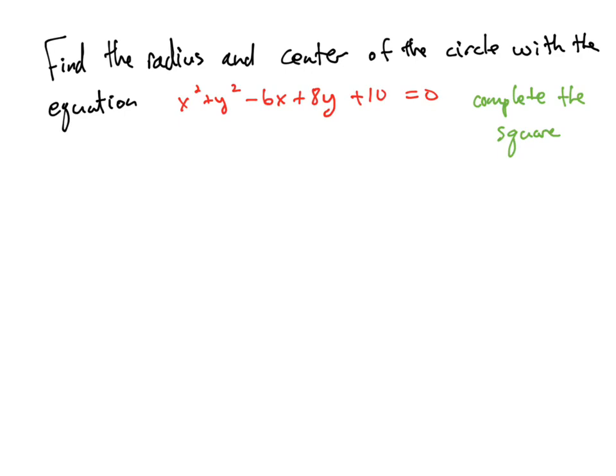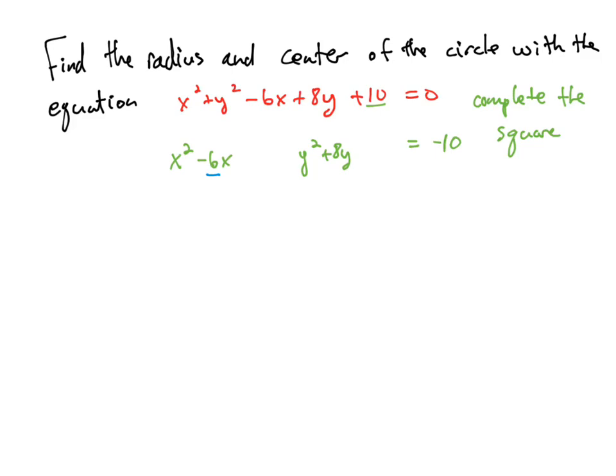So to complete the square, we want to group the x terms together and the y terms together. And I'm going to move this 10 to the right-hand side of the equation. And I'm leaving a space after each of the x and y terms. So to complete the square, we look at the b term here, negative 6, and we say what's half of negative 6, and then square that value.